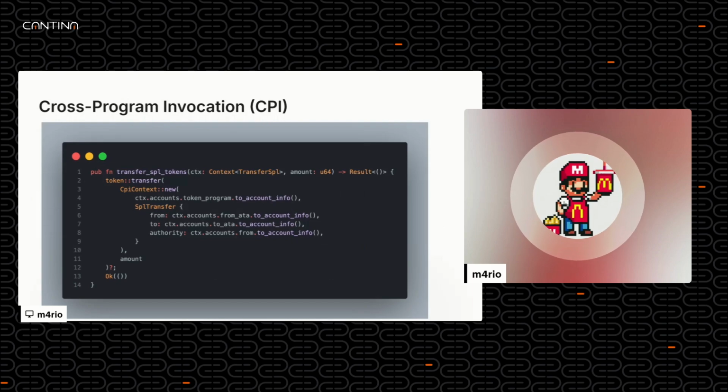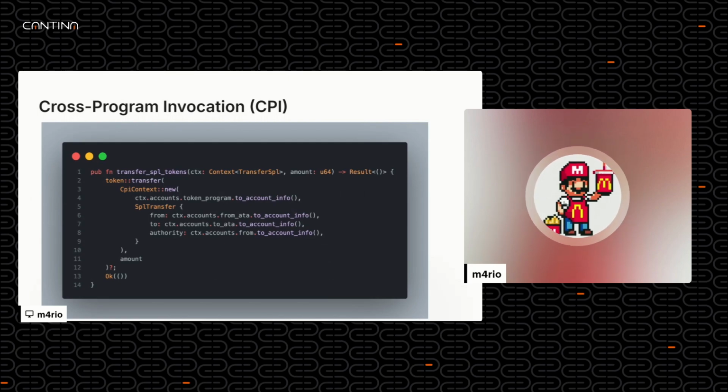This is, for example, a CPI call to token transfer. So we are calling the token transfer using a CPI context. CPI context is the Anchor way of calling using CPI, because it lets you specify the program. Here we use the token program, and now we also specify all the accounts, enforced, which is a from, right?